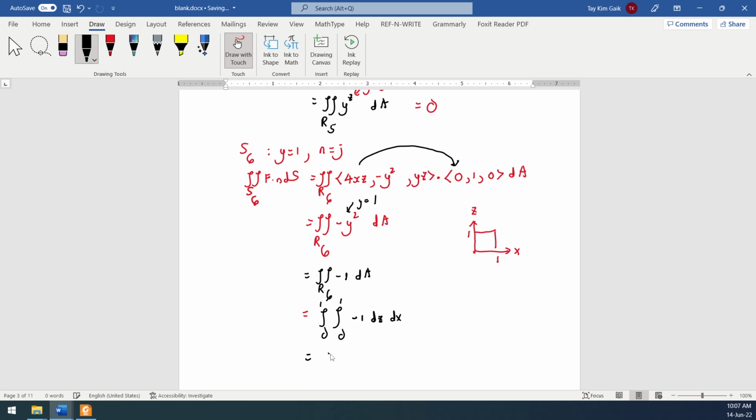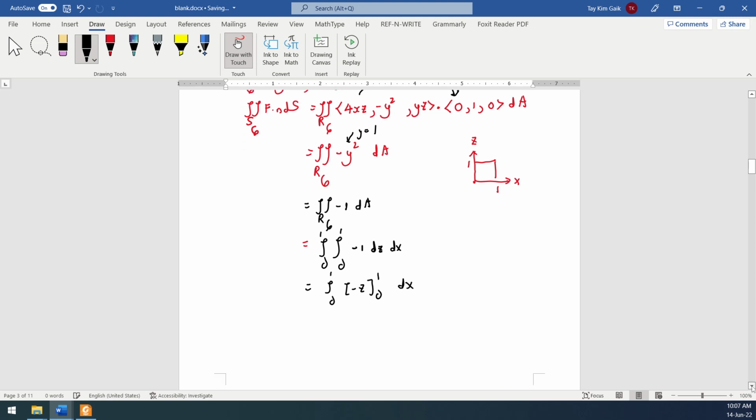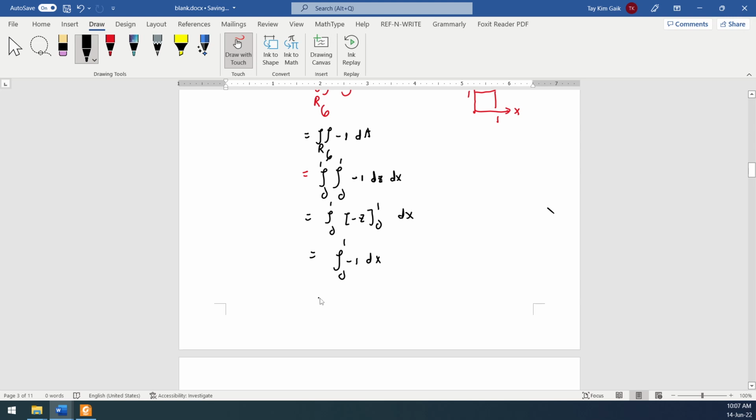So integrate negative 1 with respect to z, you have negative z from 0 to 1 dx. So the answer is negative 1 dx from 0 to 1. Then integrate negative 1 with respect to x, you get negative x. So plug in 0 to 1, you have negative 1.